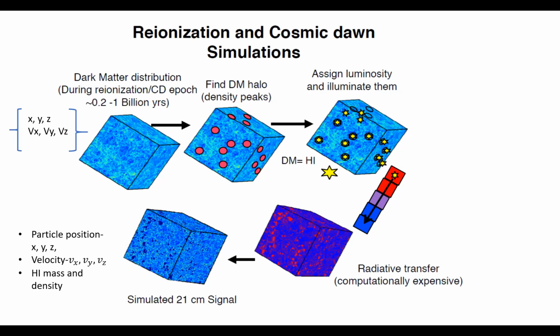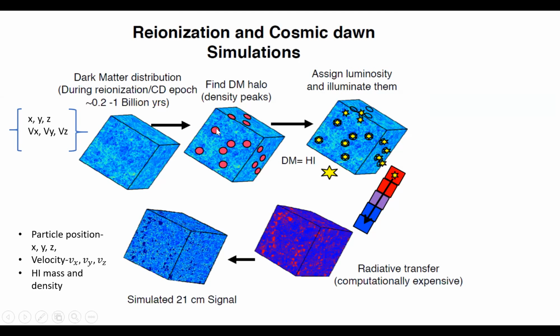We identify those halos, and we have the total mass of those halos, and also the location. And so why do you do that? Because we believe that those high density dark matter halos are the hosts of first luminous sources. So we identify these dark matter halos.